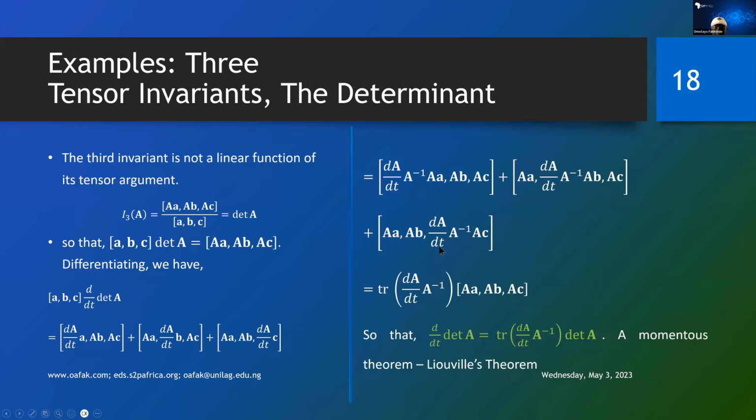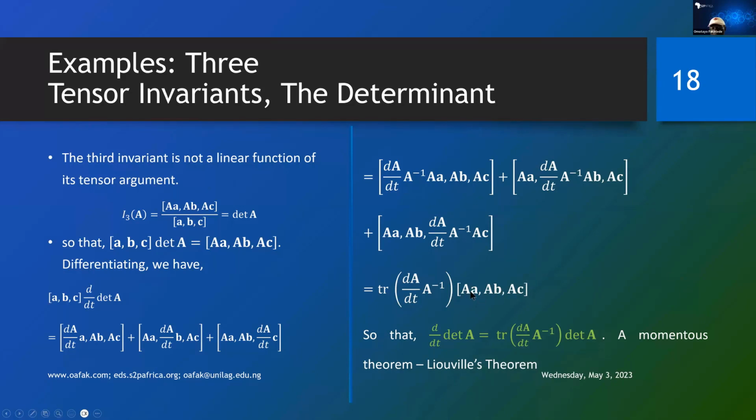That means that if you bracket out this quantity here, dA/dt A inverse, dA/dt A inverse, dA/dt A inverse, what you have left is Aa, Ab, Ac. If you look at that, it is simply the trace of dA/dt A inverse times [Aa, Ab, Ac], which are three linearly independent vectors.